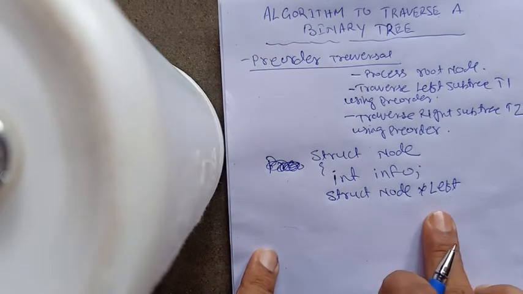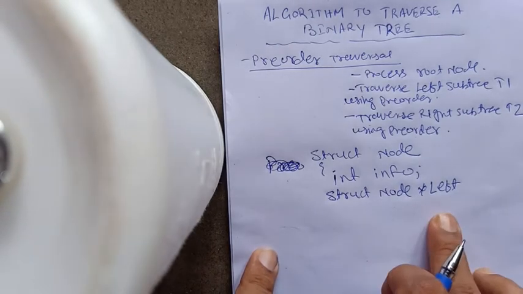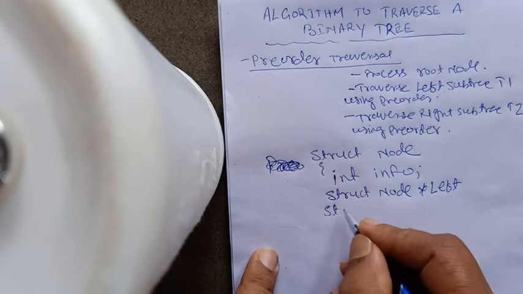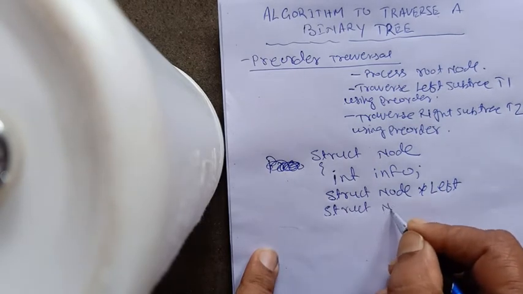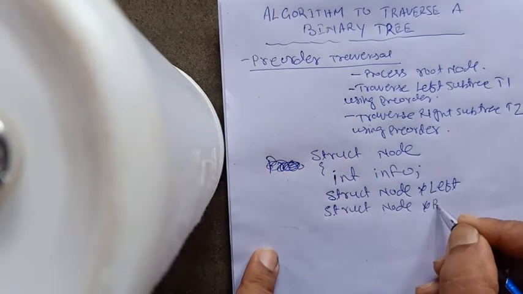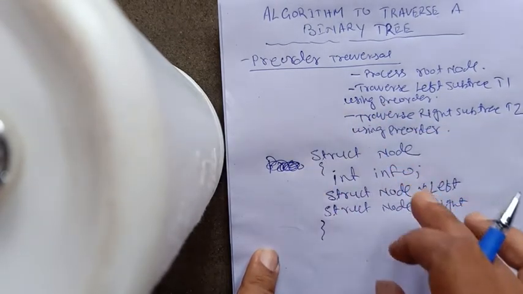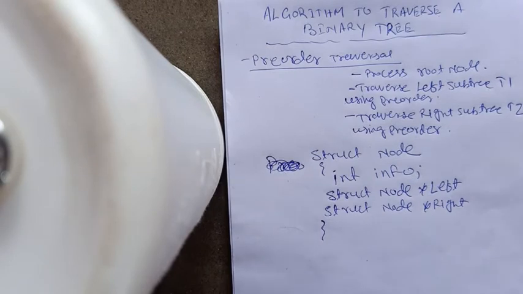So left is a pointer field which will point to the left child node of the current node. Then struct node asterisk right. Now this is another pointer field. So this structure declaration gives the structure of a single node within a binary tree.